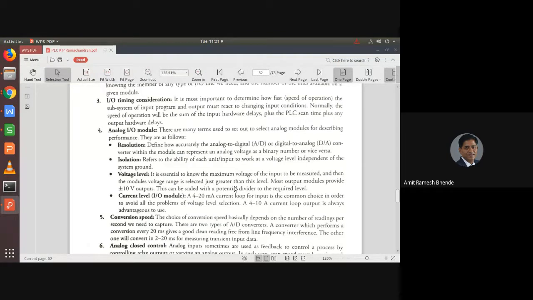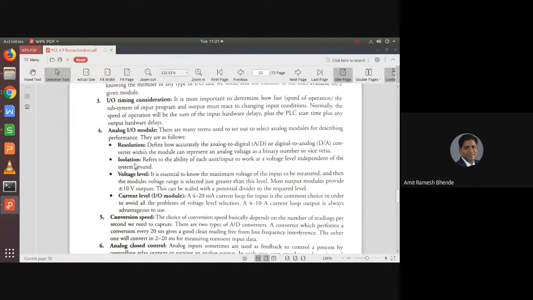So this is called resolution. How large a data can be handled by a hardware is the resolution. So if you increase the resolution of the hardware, accordingly the accuracy of the hardware also increases.